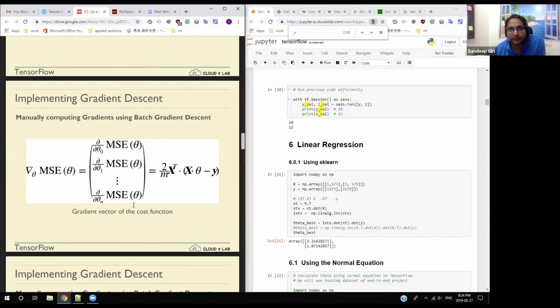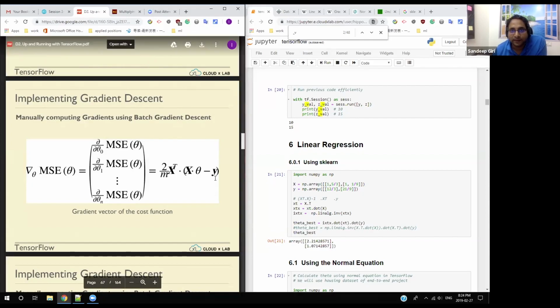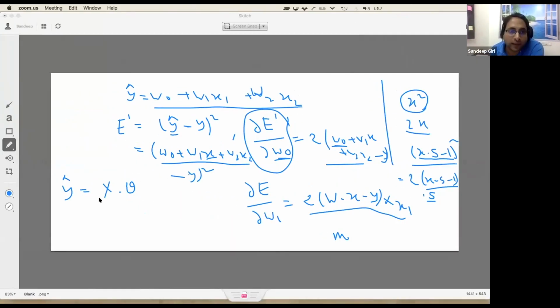Now I can share the screen. That'll make more sense to you. So we agree this is how we expressed it, right? Notice that if we are expressing y predicted equals x dot theta, it has one extra column of ones.